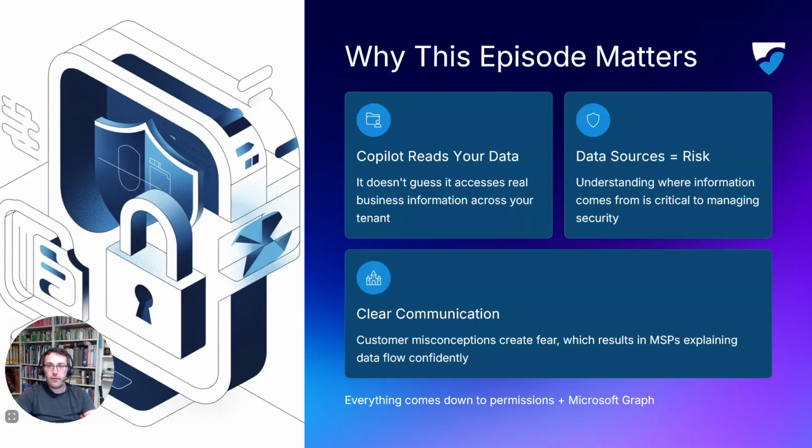So the first thing I want to cover is why this matters. It sounds really cheesy and probably self-explanatory, I guess, but we don't always see the back end. In fact, we never see the back end of how Copilot works, how it looks for information, what it's sourcing. And actually, this information is critical for us. We need to be able to see how that function is, or at least understand it, not necessarily see it, but understand how it's using that information.